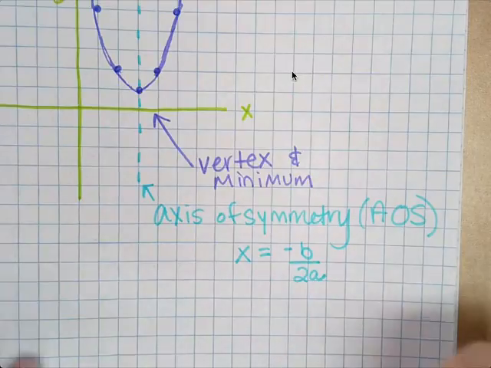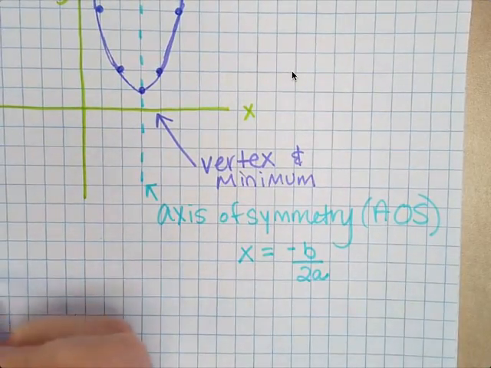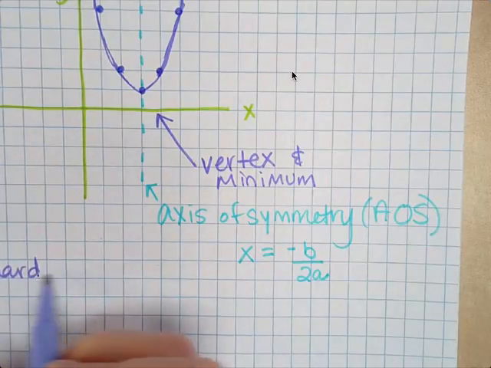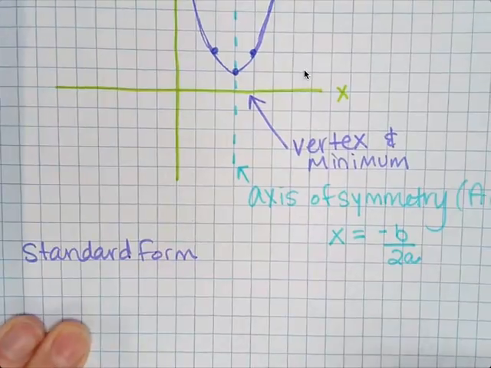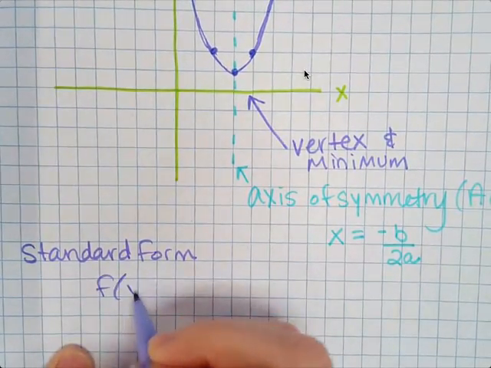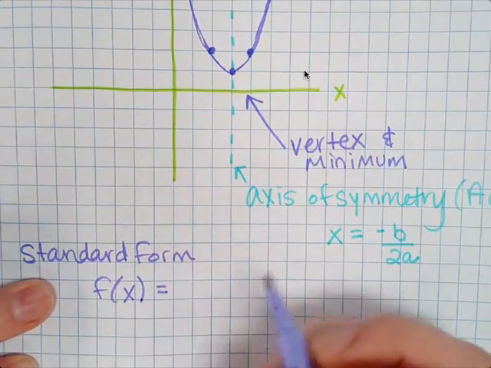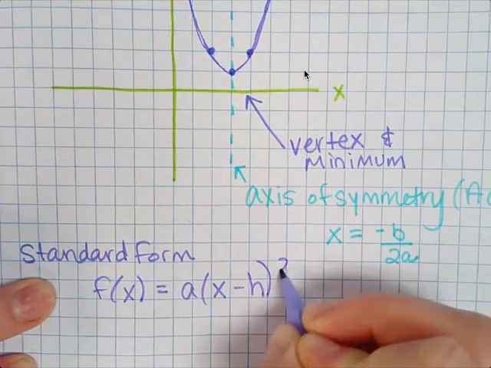And then let's write out the standard form. It is f of x equals a parentheses x minus h squared plus k.